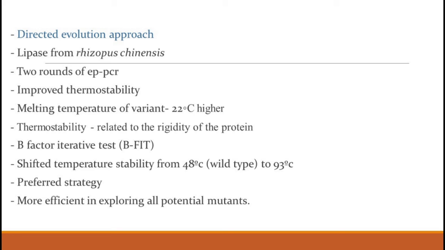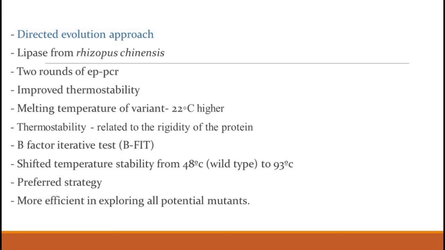The lipase protein was then studied, and it had improved thermostability, and the melting temperature of this new variant lipase was 22 degrees Celsius higher than its original lipase. Hence, the directed evolution approach helped in designing a thermostable enzyme.